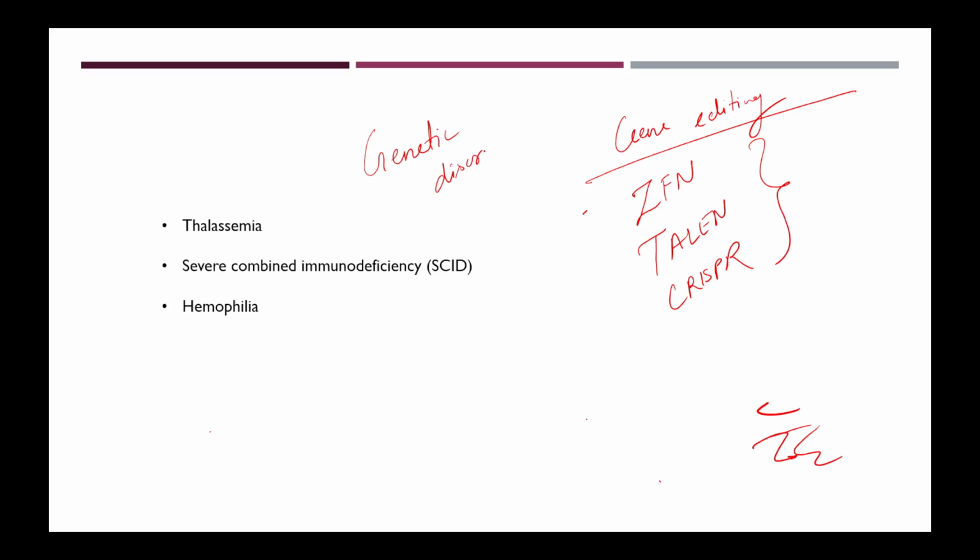which are being treated nowadays using these gene editing technologies. So the three genetic disorders we'll be discussing today include thalassemia, severe combined immunodeficiency, and hemophilia.